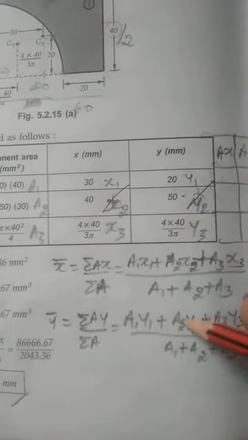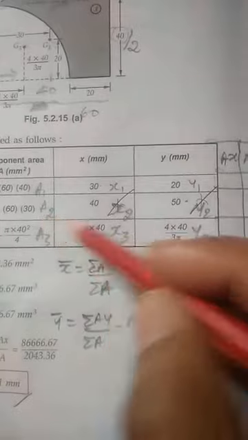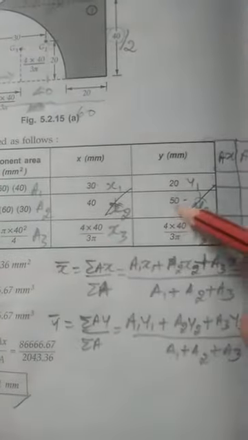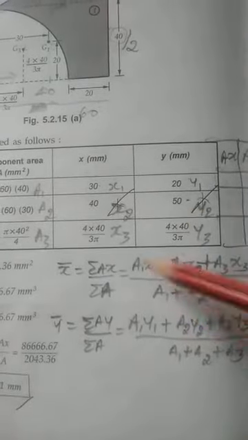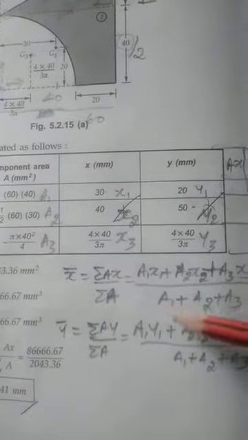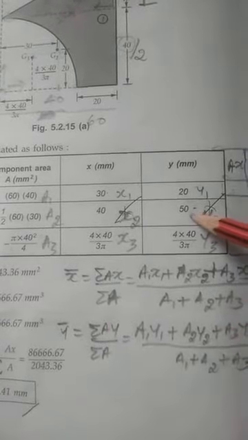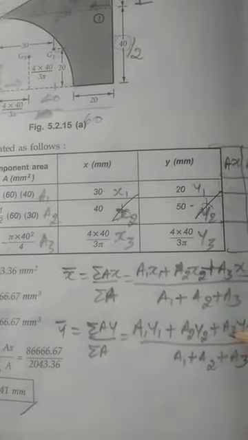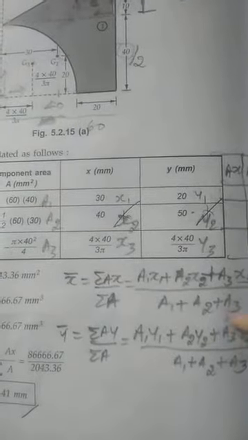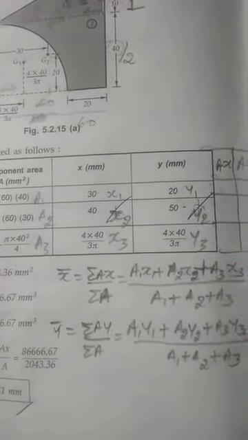Next, a2 is this one, y2 is this one. a2 is 60 into 30, that is 1800 you will get. In the place of a2 you write it as 1200, y2 is 50. Next, a3 and y3, you write whatever is there.